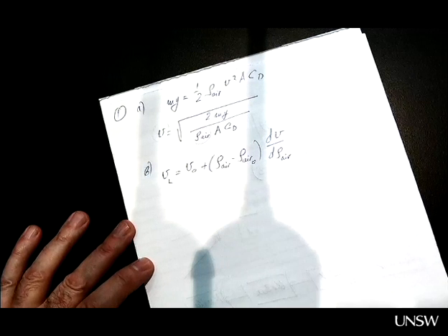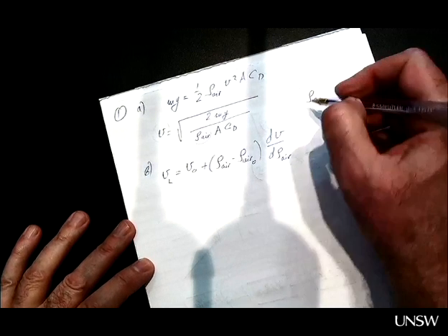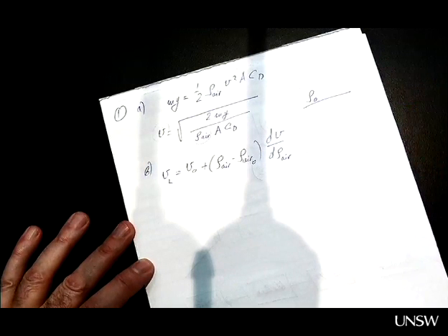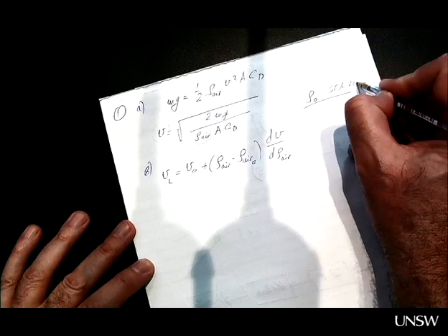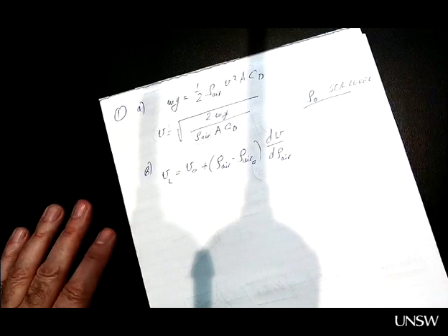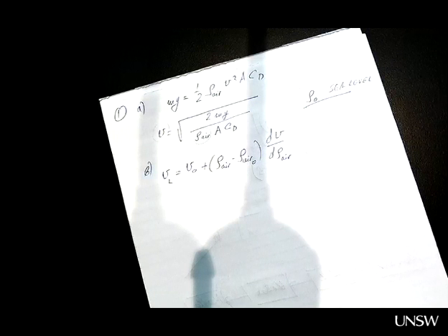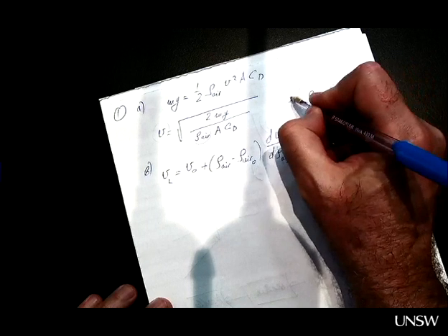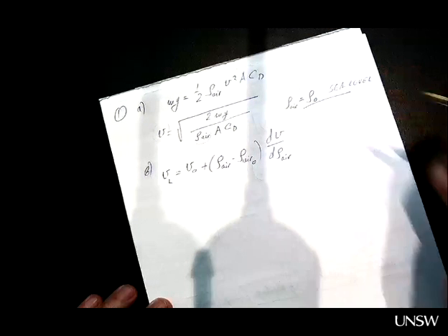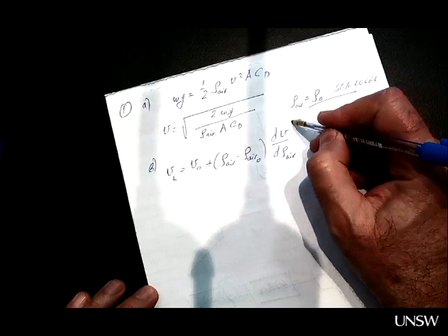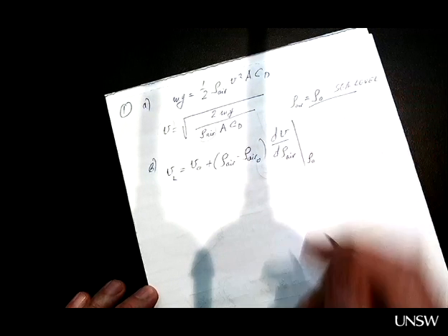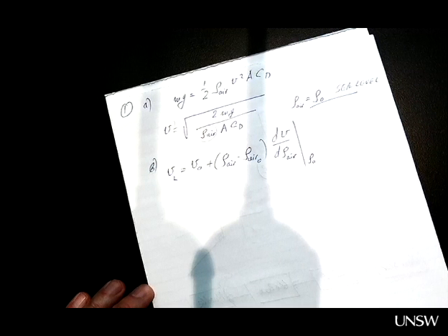What is the operating point? Operating point rho naught, which is the sea level density. So it is a constant. We are not given a value, but we know rho naught is a constant. So we are linearizing about rho naught. So rho naught is the operating point.